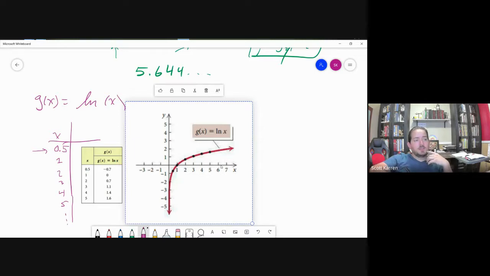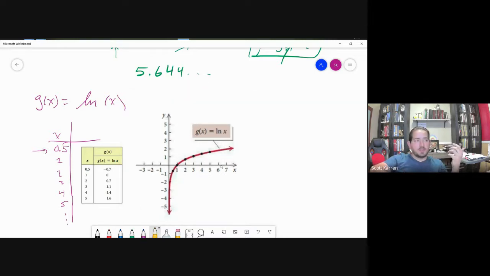But we can see, very much like the exponentials, we have this asymptote, but this asymptote is a vertical asymptote. You're going to get closer and closer and closer to that y-axis, but you'll never actually touch it. You'll never actually get to x equals 0. And you'll never be on the other side of it in the real number system, right?